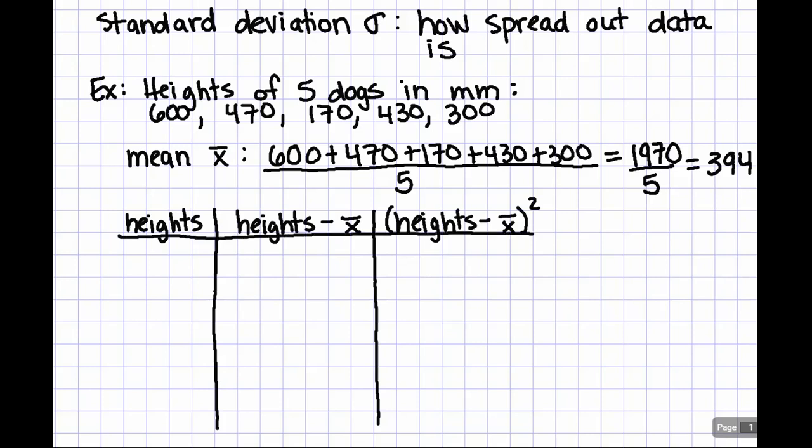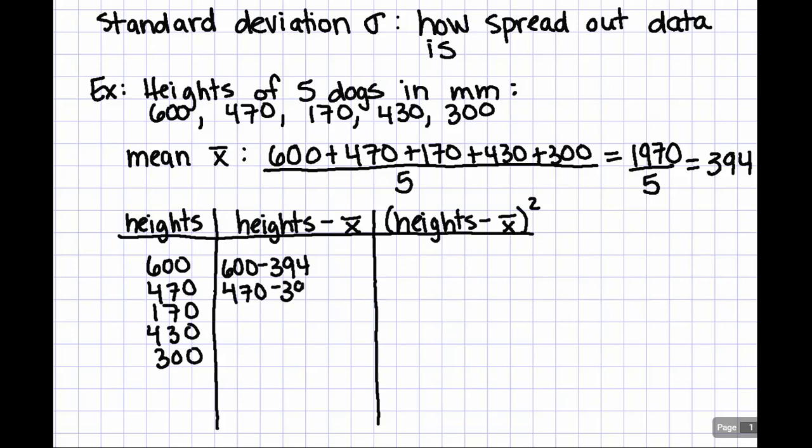So I have a 600, a 470, a 170, a 430, and a 300. And then I am going to take each of them minus the mean. And I'm going to be doing that math. Let me just write these first.